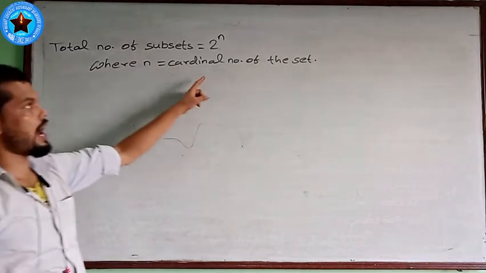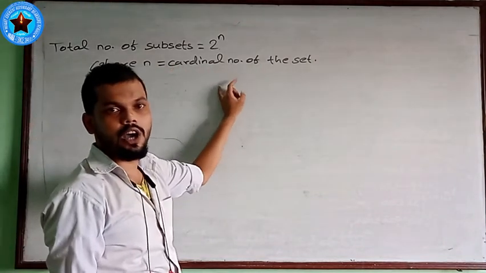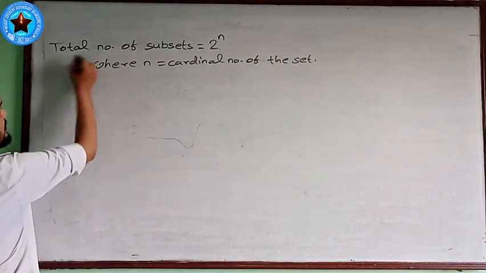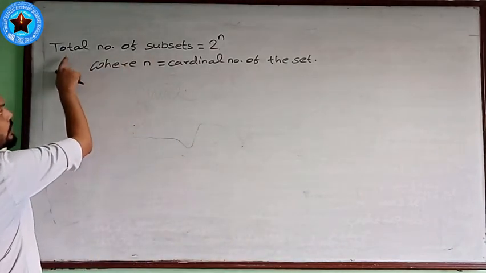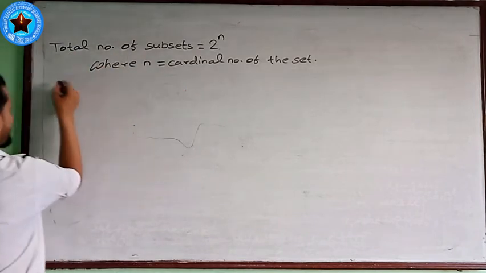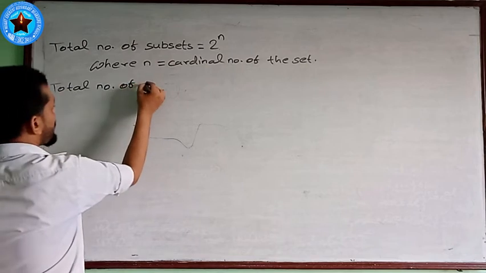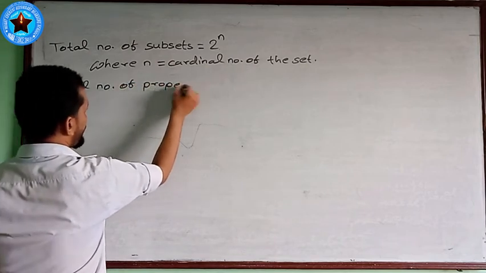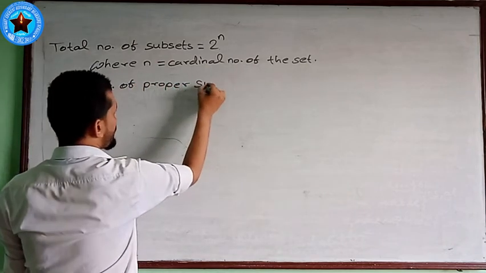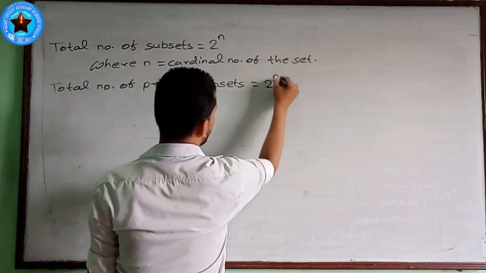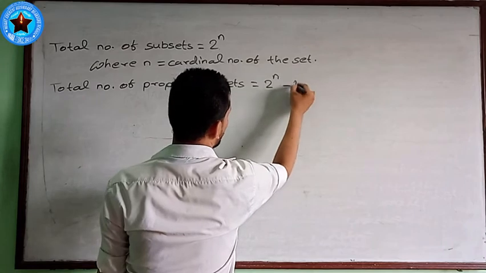We have to use this formula, and from this we can obtain how many subsets can be formed. Similarly, if we have to find just the proper subsets, then the formula is 2 to the power n minus 1.